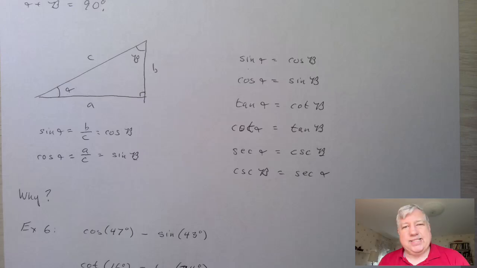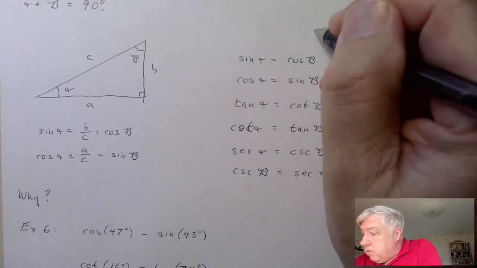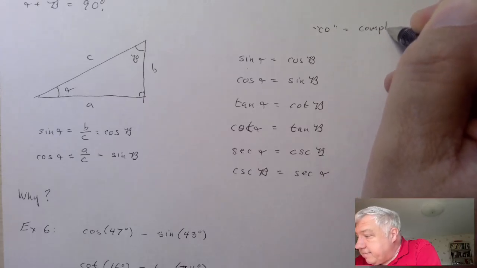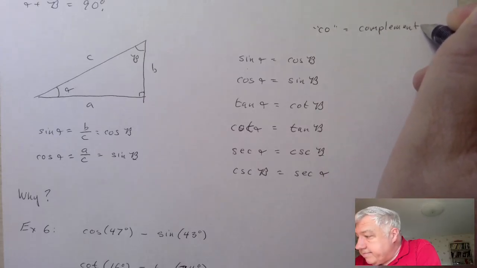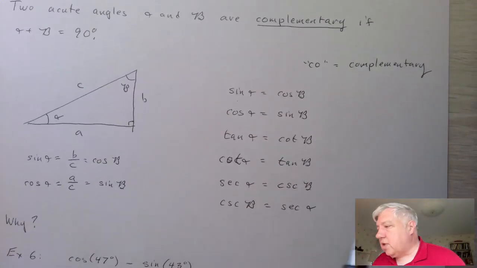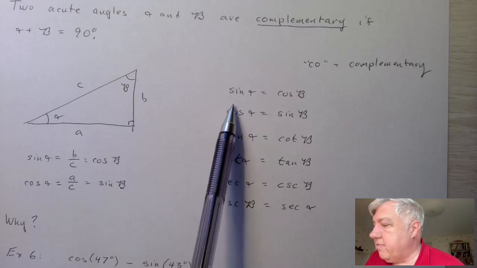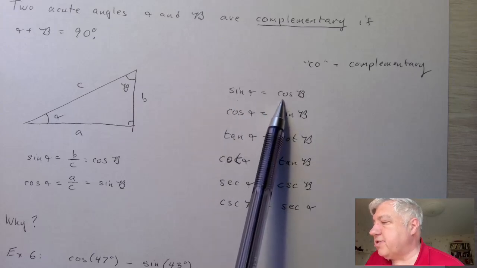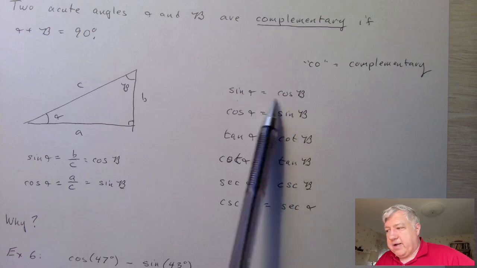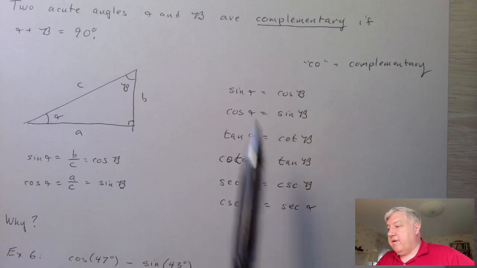And now you kind of see where these names come from. The CO is short for complementary. The way to think about the cosine is that it's the sine of the complement of alpha.